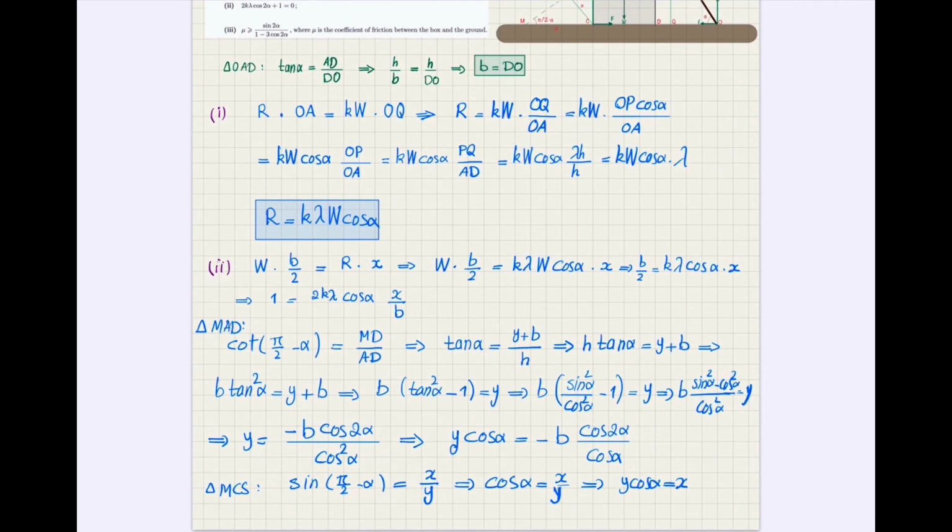And then if you compare these two, y cosine alpha is equal to x, and y cosine alpha is this one. So it means that x is equal to this expression. Okay, so I will write it actually on the other page. So remember that we've proved that x is equal to this expression. Yes.